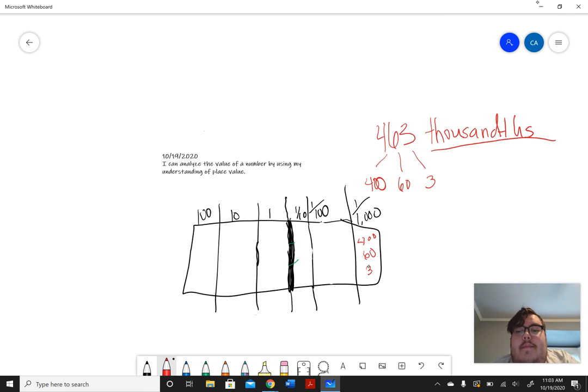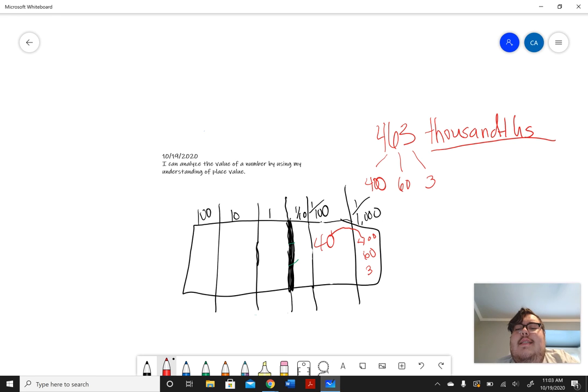Okay, remember we're looking for groups of 10. Let's start with 400. If I'm looking at 400, how many groups of 10 can I make out of 400? Well, I know that 10 groups of 10 makes 100, and I have 40 groups of 10 out of 400. So if I move it over to the next place value, I would have 40.